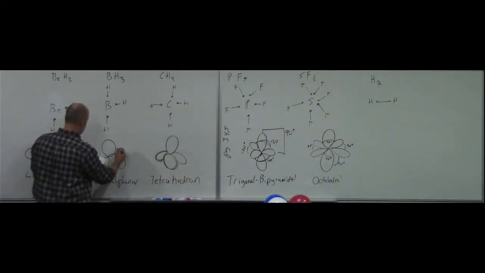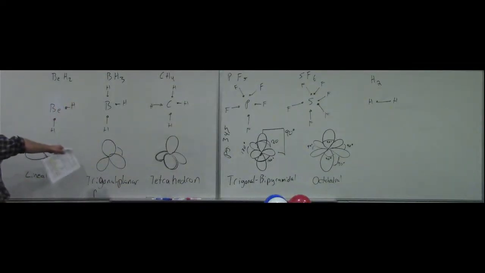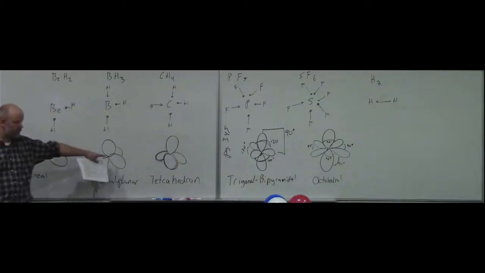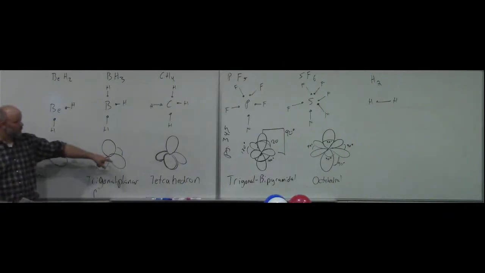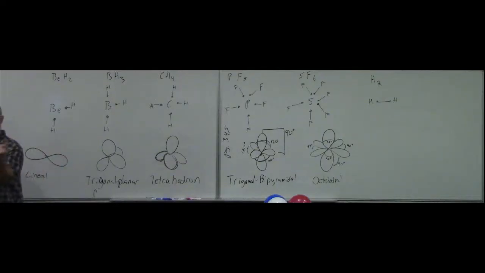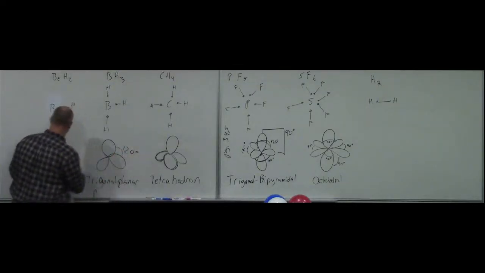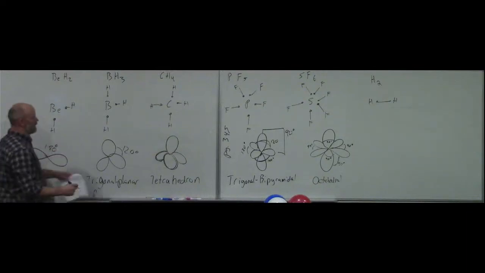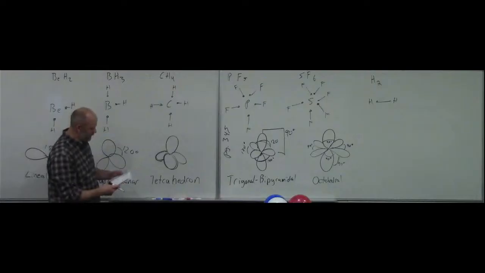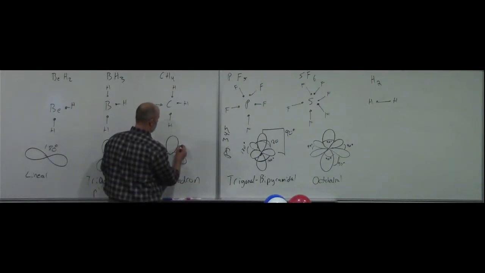The bond angles here: 360 in a circle, right? So we got three of them in that circle. So how much is it? 360 degrees in a circle, right? We're in a plane. I got it divided in three, so it's 120, right? And this is simply 180. This one's a little different. The tetrahedron is a weirdo. It's 109.5 between all of them.